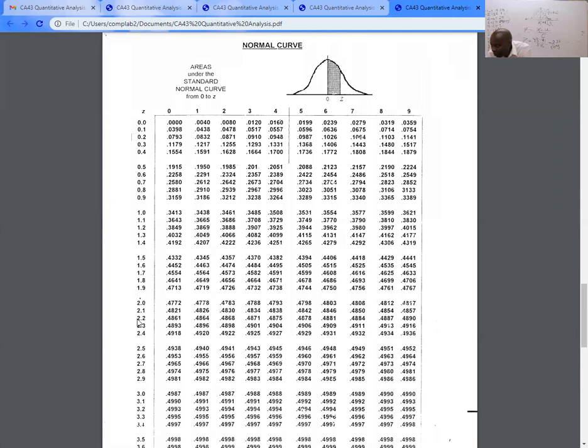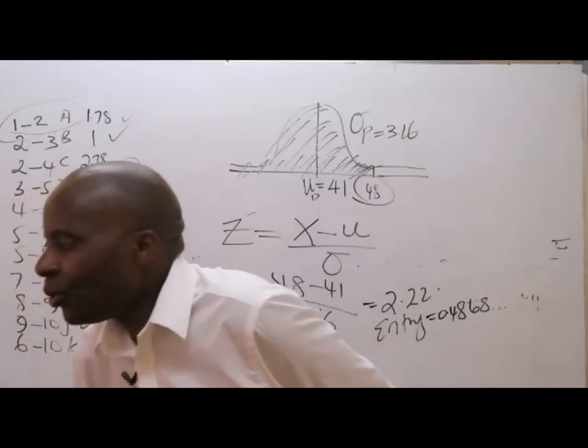So I need 2.2 here, all the way to this column, which gives me 0.4868. So the entry is 0.4868. I'm repeating again, the entry. Remember, I want 2.2, but now 2.22 up to here. So once I have that correctly, then I can take you through the next step.